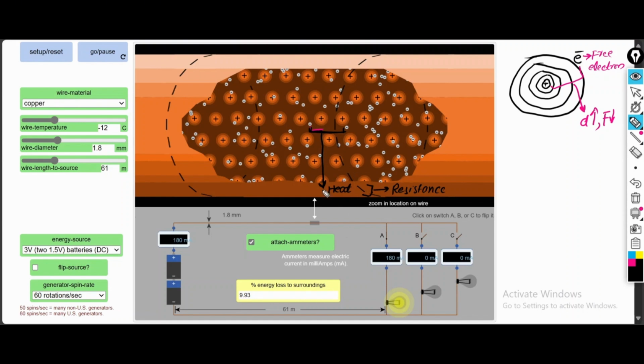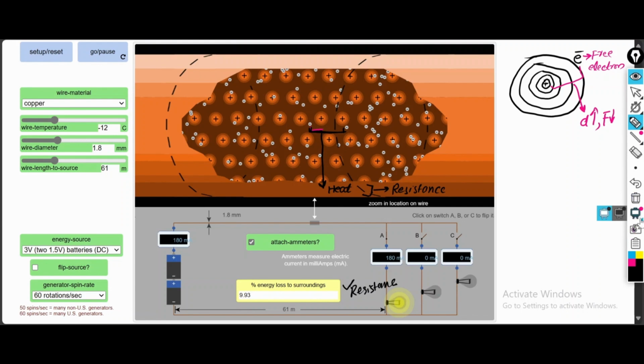So the heat comes from the collision. I want to label this here: in the form of heat. This is that type of energy, and this is actually the resistance. It shows us the resistance.